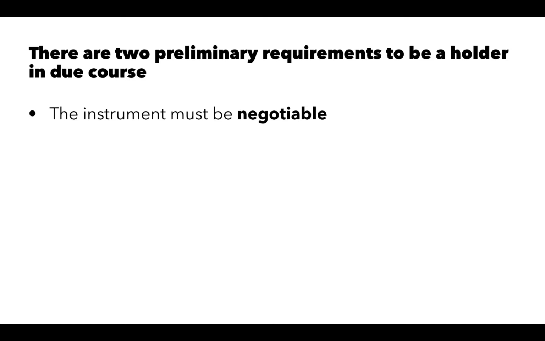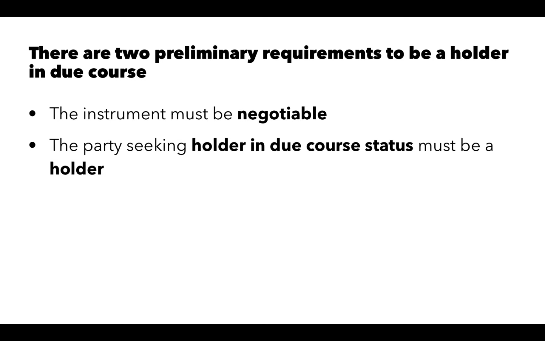If it's not negotiable, then it is impossible to make the transferee a holder in due course. Furthermore, whoever seeks holder in due course status must first be a holder. So the party must be a holder in order to assert that it is a holder in due course.